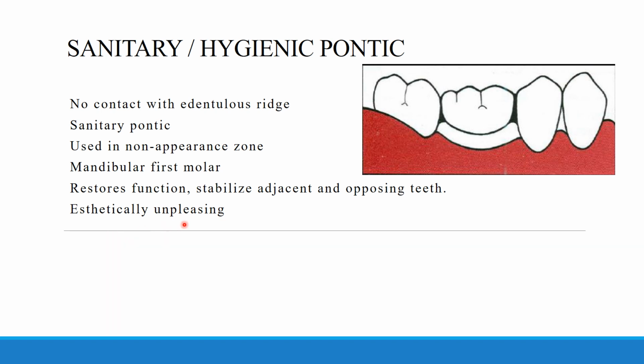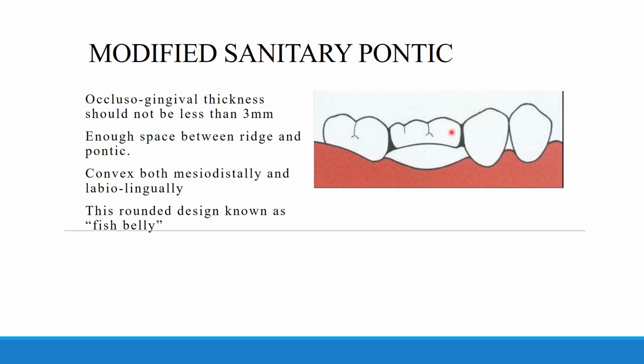Aesthetically unpleasing, sorry. Modified sanitary pontic: occlusal gingival thickness should not be less than 3 mm. Enough space between ridge and pontic, guys, here. Convex both mesiodistally and labiolingually. This rounded design also is known as a fish belly.